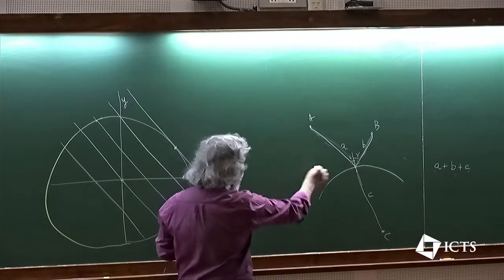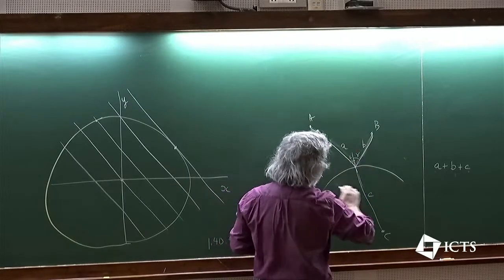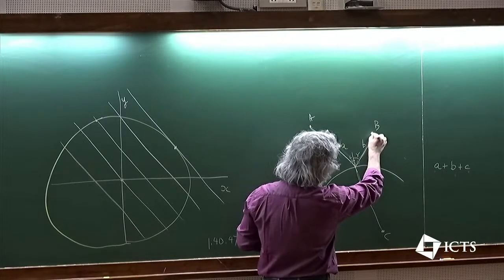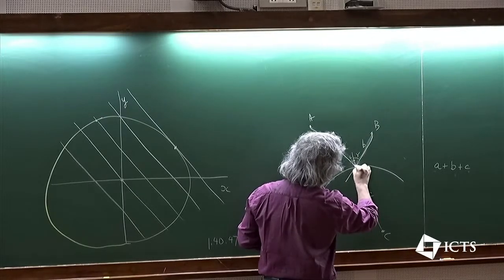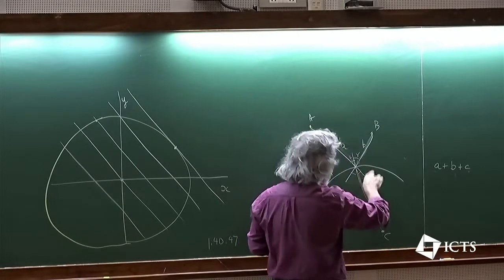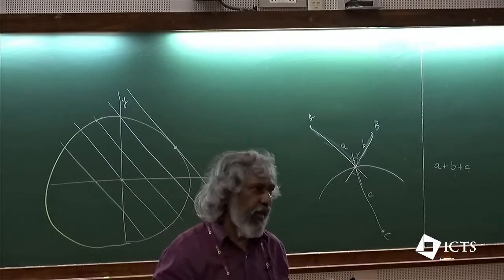Now, if you go back to that point, you can apply the argument to A, B, or C, and you find that all these angles have to be equal to each other. That is to say, if I extend this line and this line, then you find that this has to be equal to that. And you can show that all the angles have to be 120 degrees. So I showed you that in the picture as well.